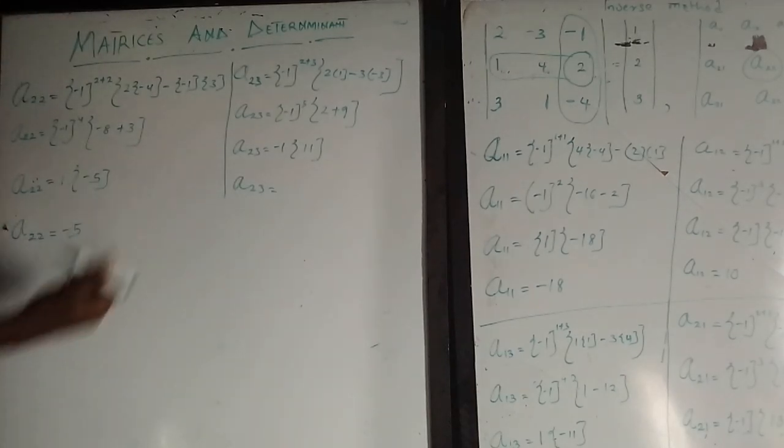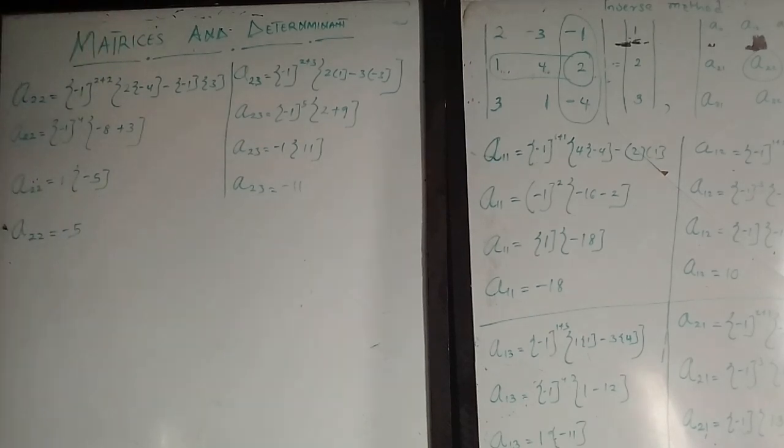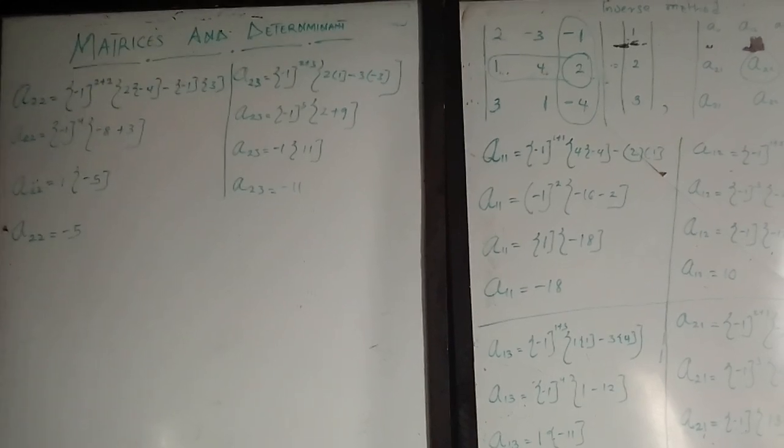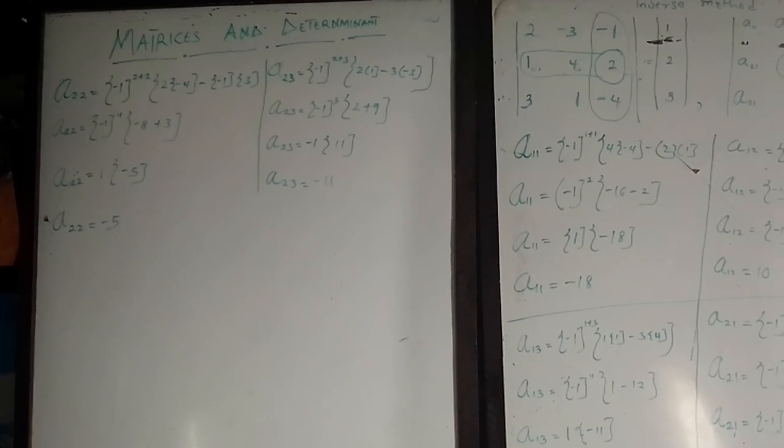Minus 1 times 11 will give us minus 11. Minus 11. So do we understand now? So let's move forward to A31.